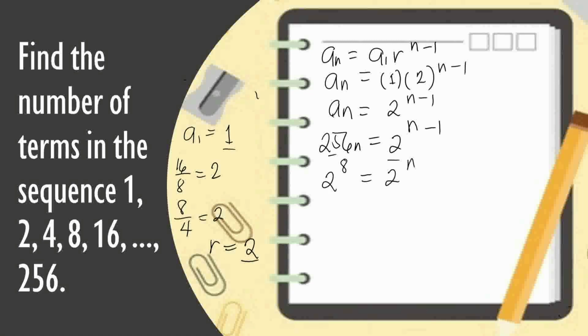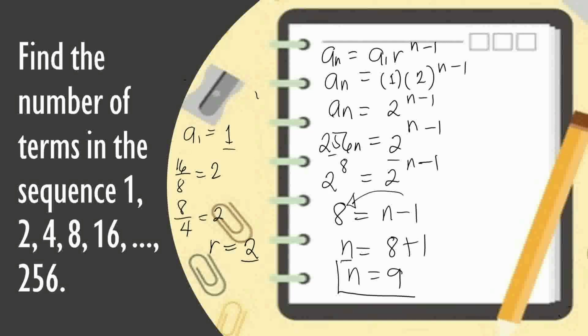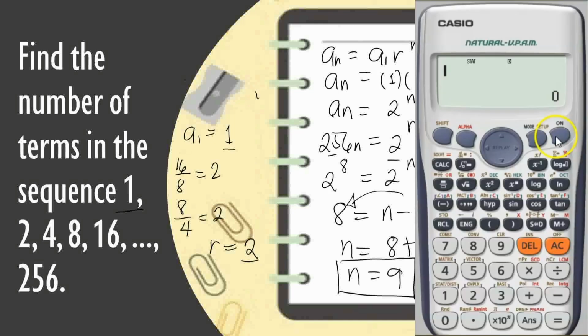So yan, pareho na sila ng base. And then, pwede natin ibaba yung exponent. So 8 is equal to n minus 1. So n is equal to, lipat natin itong 1 sa kabilang side, 8 plus 1, so n is equal to 9. So, ibig sabihin, yung 256 na yun ay 9th term. So, meron tayong 9 terms dito sa sequence na to.